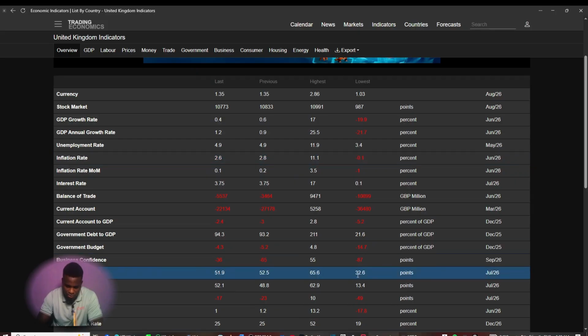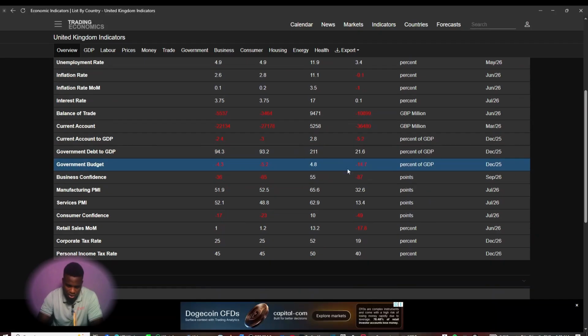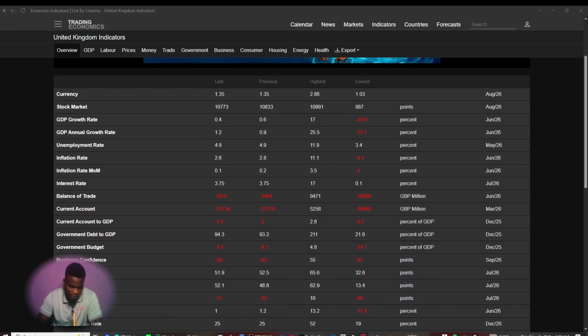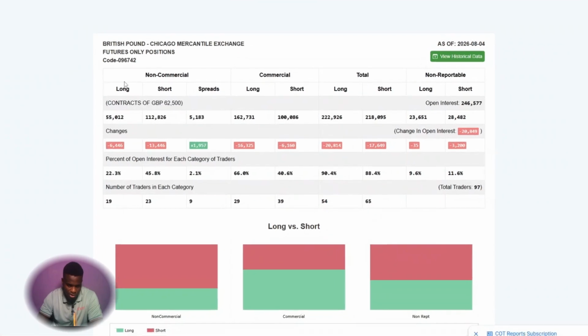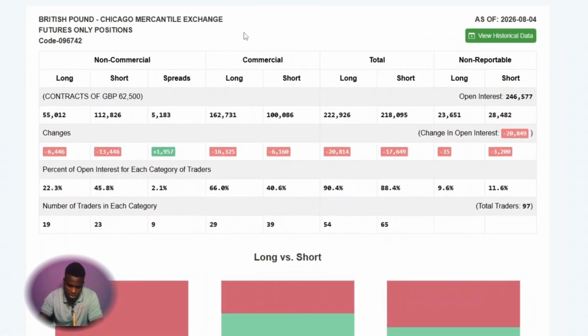After looking at that, I want to look at the COT data of the pound. It's quite simple here. The COT data is as of the previous release, which is last week's Friday. In that channel, you see a breakdown of this broadly, the non-commercial, commercial, all of that. I just look at these guys who are enjoying the trend.